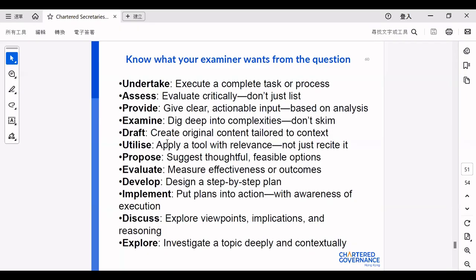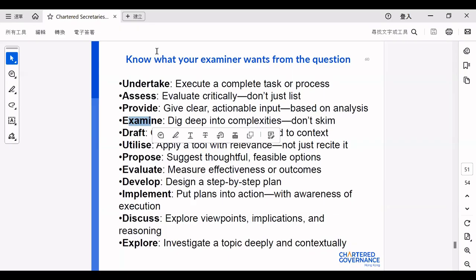So each of these will have a little bit different meaning. There's a different requirement. They want to see something at a slightly different angle when they say provide or just examine, right? So maybe you have to understand what they want, all right?